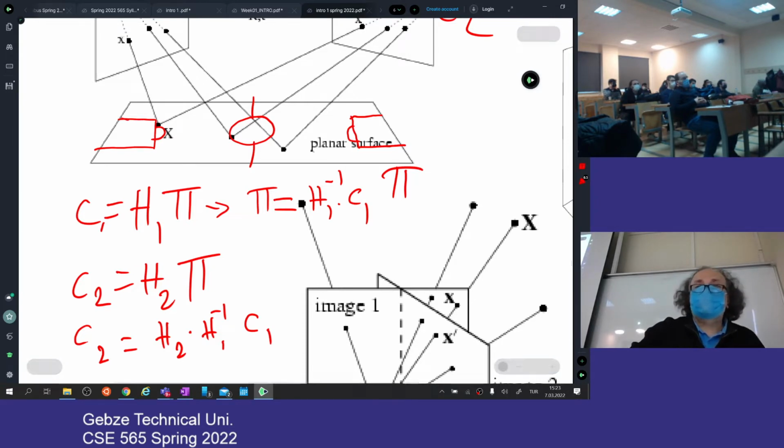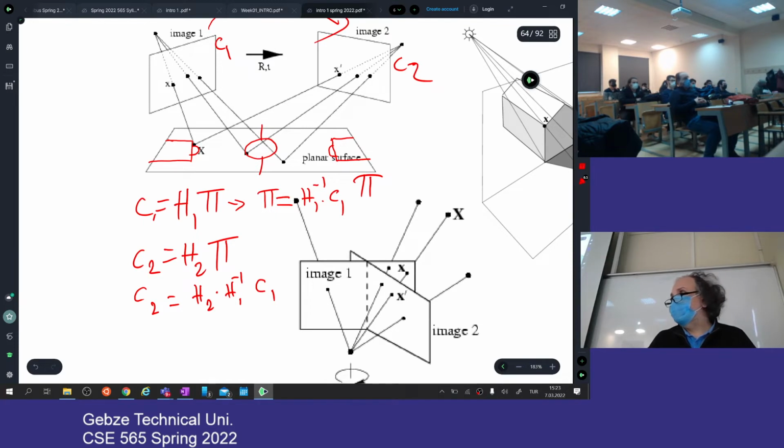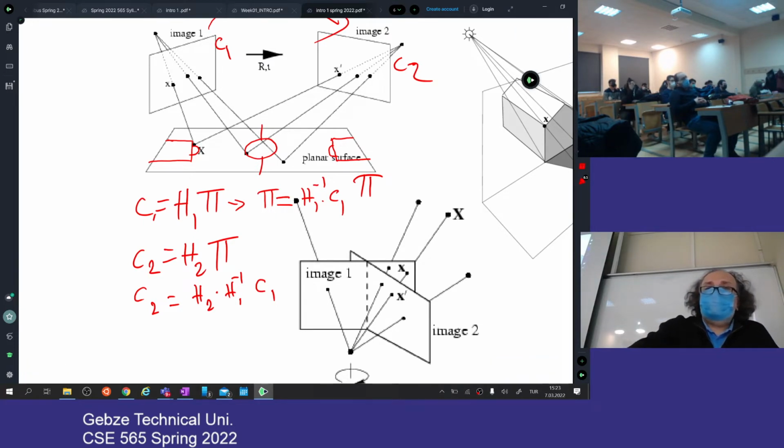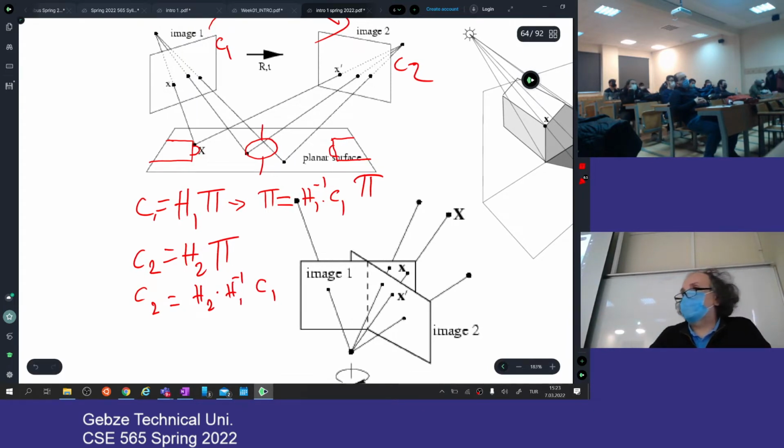Okay? So I define the homography between these two images. So what does that mean? On this camera, if you give me a point, I can translate it to this camera position. Okay, very, very convenient, very, very nice way of looking at the soccer field.